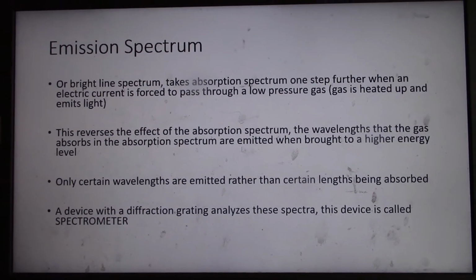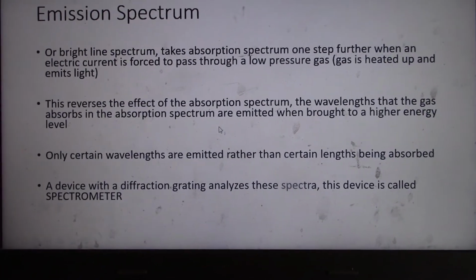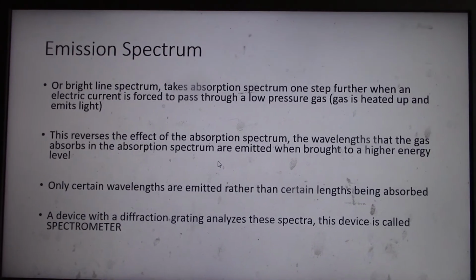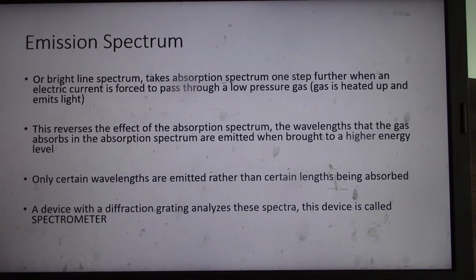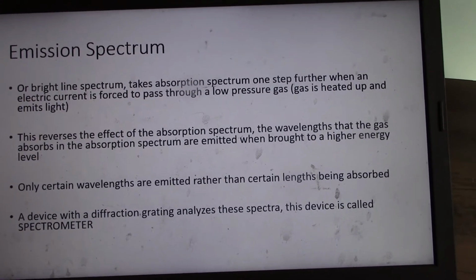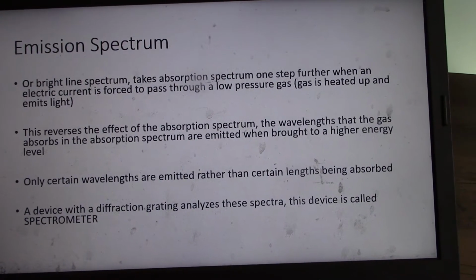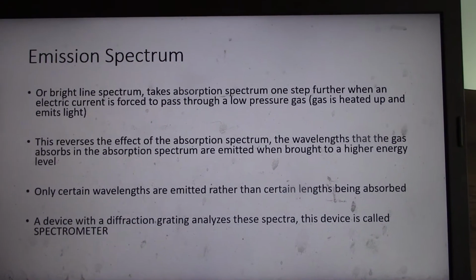We can also observe cool objects in the universe, like a cooling gas, and that gas will absorb certain wavelengths, and so you'll see those lines as gaps in the continuous spectrum when we use spectral analysis.